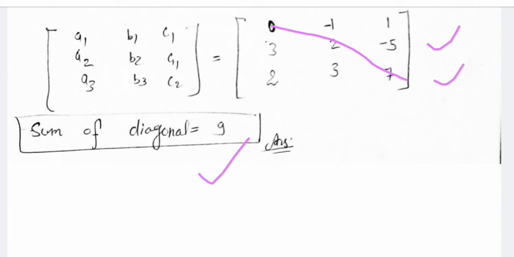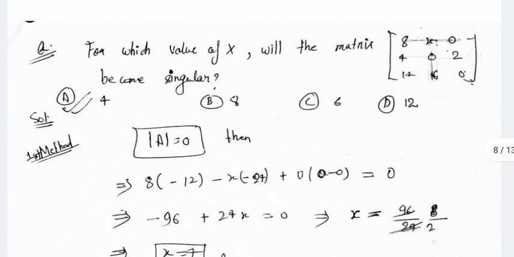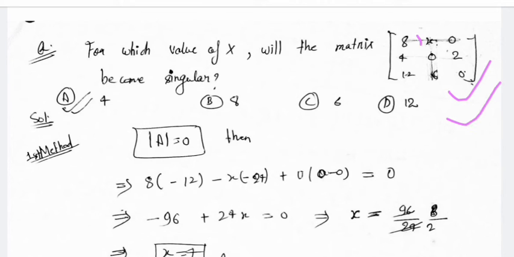Now come to the next question. The next question is: for which value of x will the matrix become singular? Here the matrix is given and the value of x is asked. By the singular property, we know that the determinant of a singular matrix is 0. Here we do two methods to solve this question.